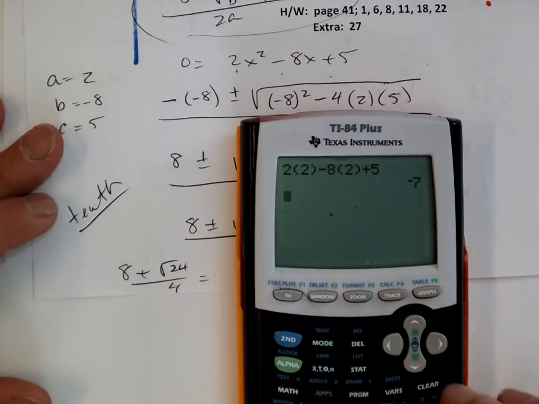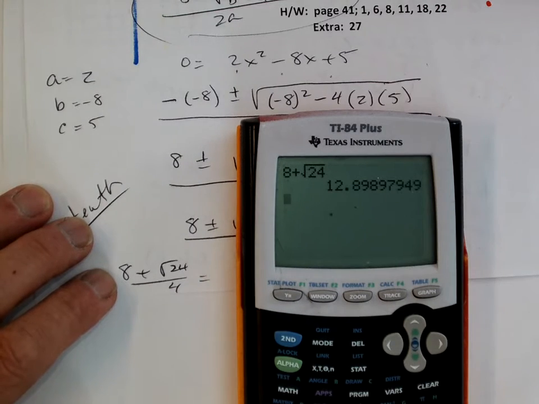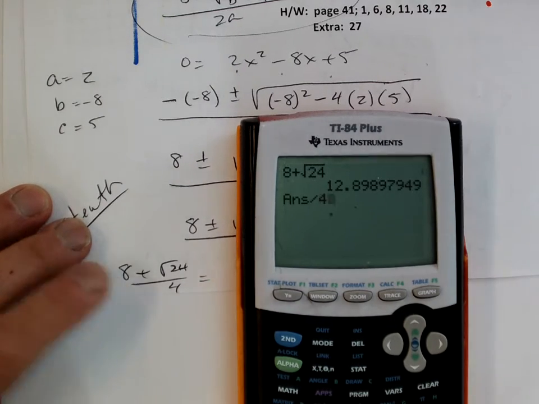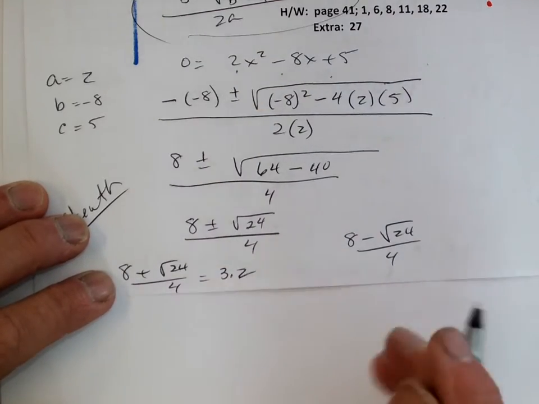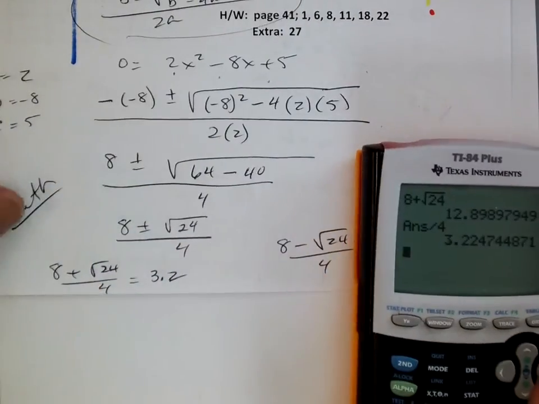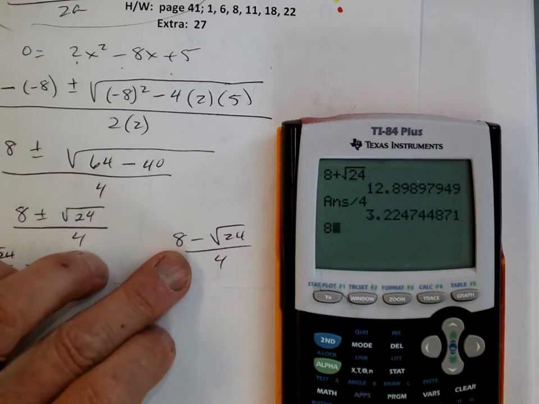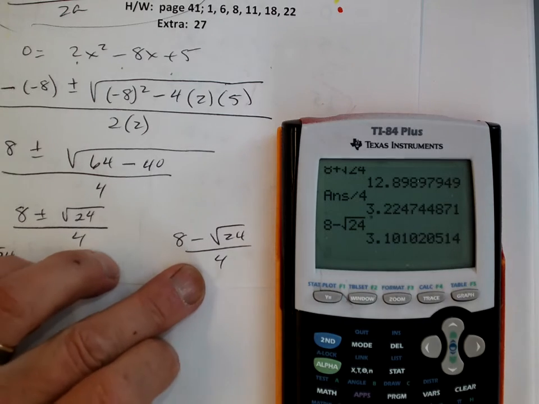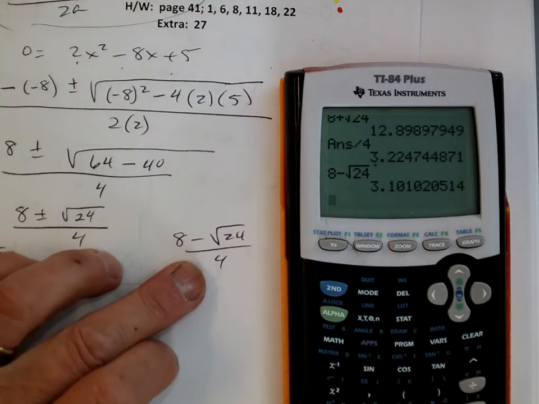Calculator time. So I'm going to go 8 plus square root of 24 divided by 4, and I get about a 3.2. And 8 minus square root 24. See how I do it in 2 steps? I do it in 2 steps because I want to make sure I divide the entire top by the bottom. You guys understand why I'm doing it in 2 steps?